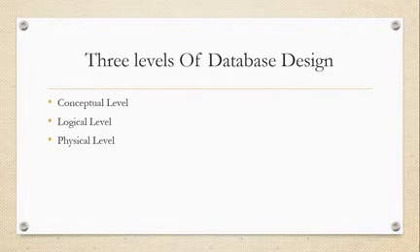What are the attributes required? Like student ID, student name, student address. So that stuff will be done in the logical level. In the conceptual level, we just decide how many tables and which tables are required, and in the logical level, the attributes of those tables designed in the conceptual level will be decided.